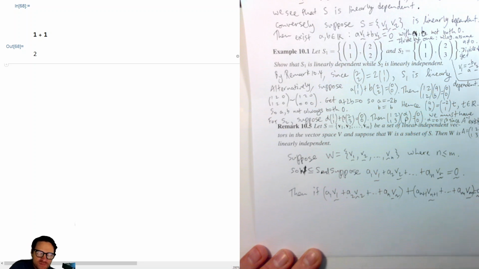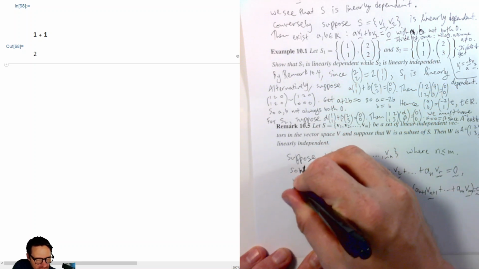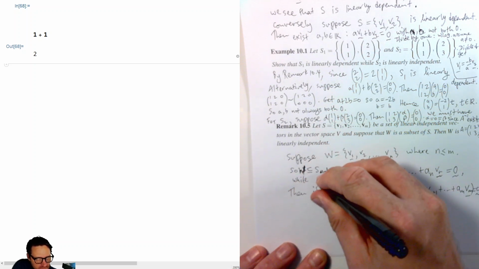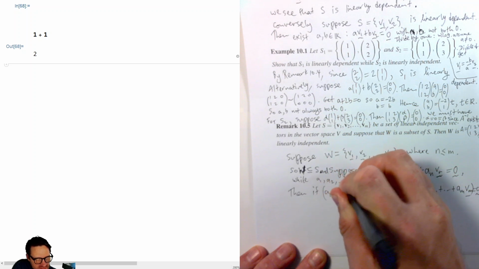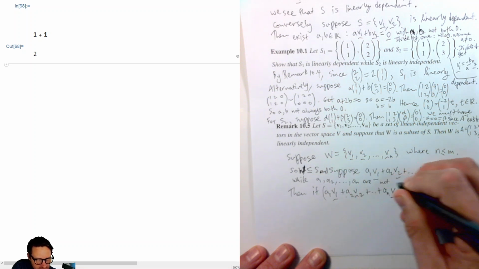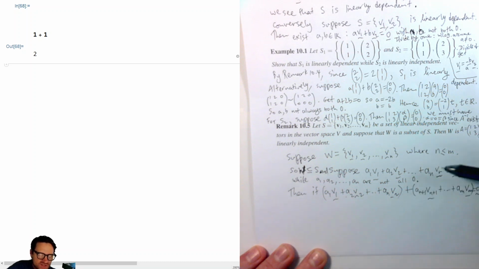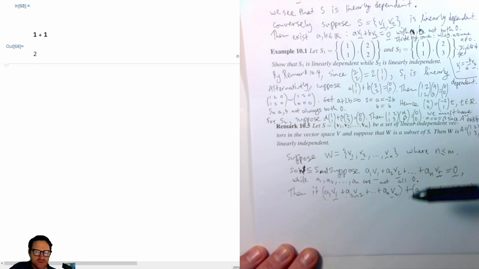And incidentally, what I'm doing here is setting up a proof by contradiction, right? So we'll add to this statement up here, suppose a1, a2, etc. up to an are not all 0. Okay, so in other words, I am assuming that W is linearly dependent, and I'm going to seek out a contradiction here.